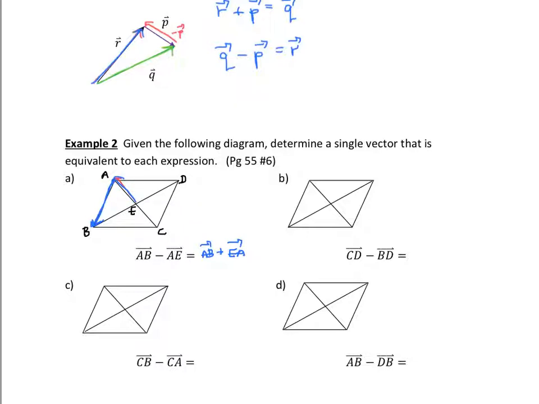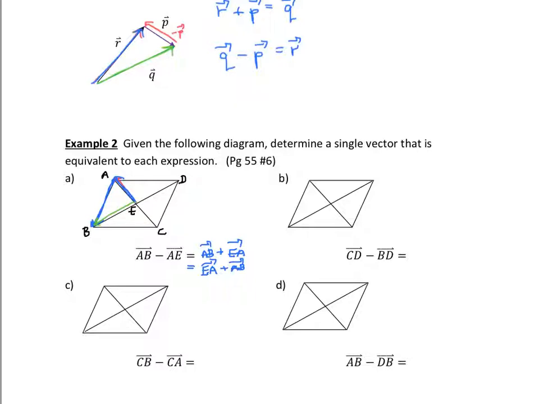Now, what we can do is rearrange this order and say this is the same as vector EA plus AB, because if we do it that way, we can see that our resultant vector would be this one down here, vector EB.